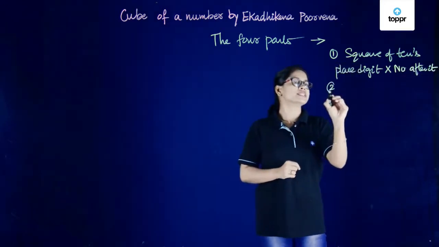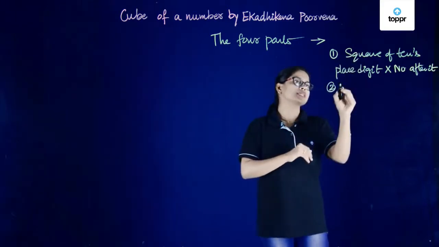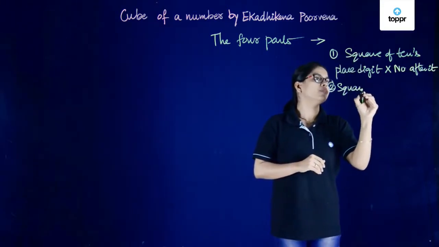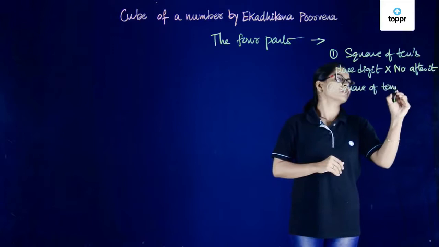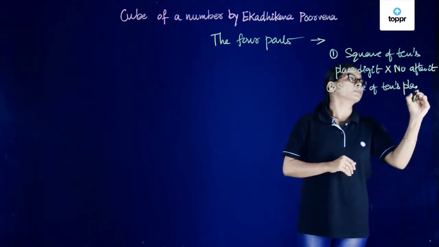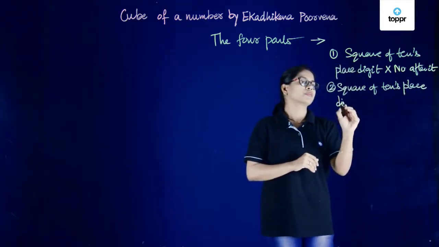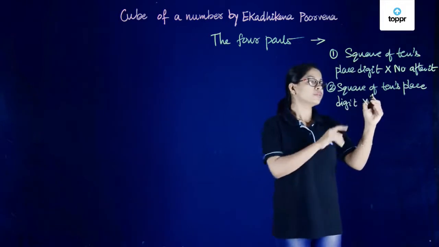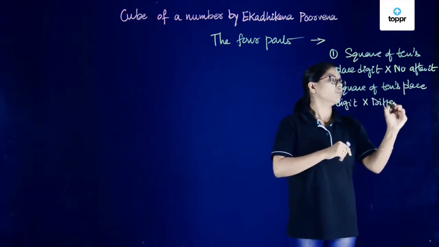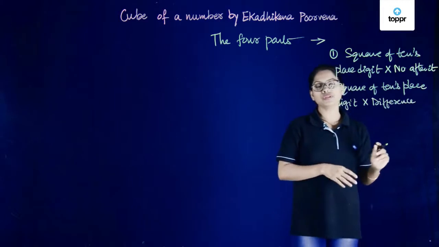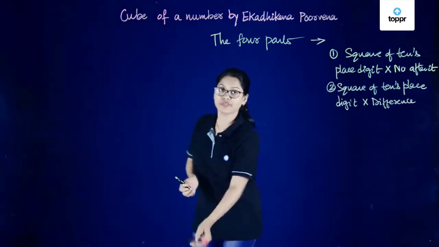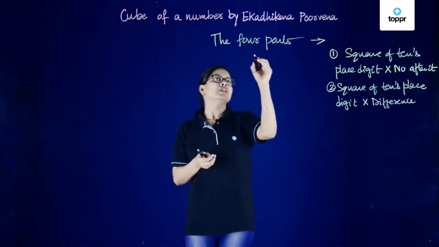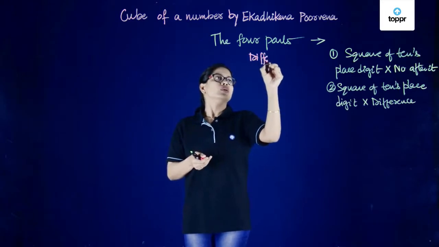And in the second step we do the same, but this time we multiply the square of the tens place digit with the difference. Now we have a formula to find the difference. Once we have the number, the difference can easily be calculated.